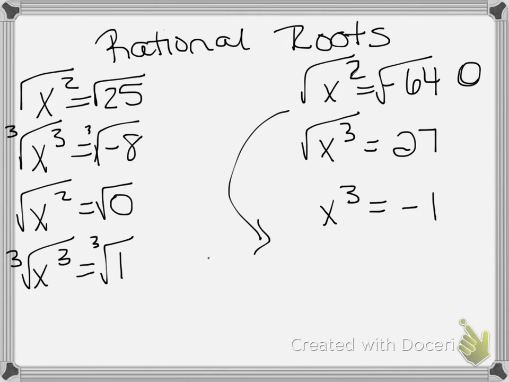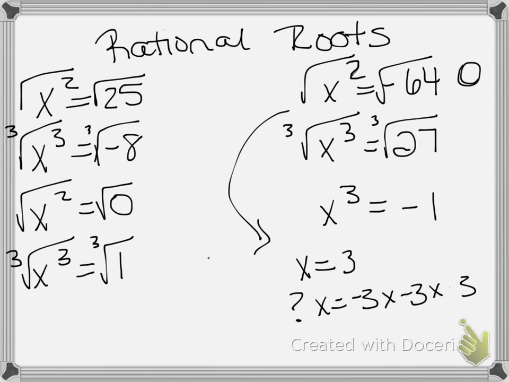Here, again, I'm going to take the cube root. Well, that would mean that x is 3, because 3 times 3 times 3 is 27. So I'm going to ask myself, does negative 3 work for that? Well, that would be negative 3 times negative 3 times negative 3, and we know that would be negative 27. Nope. So this one only has one option.